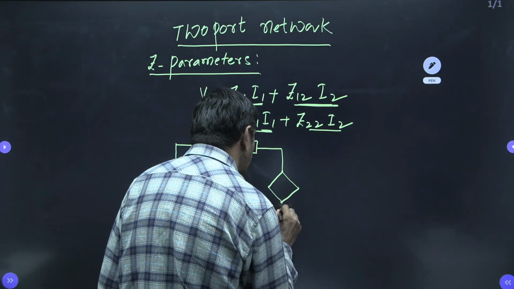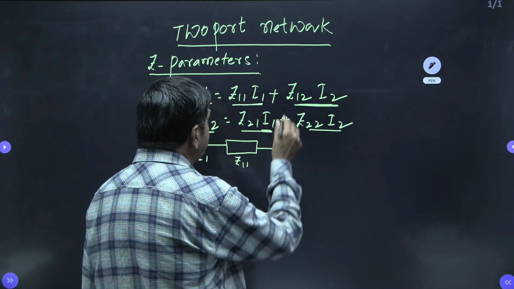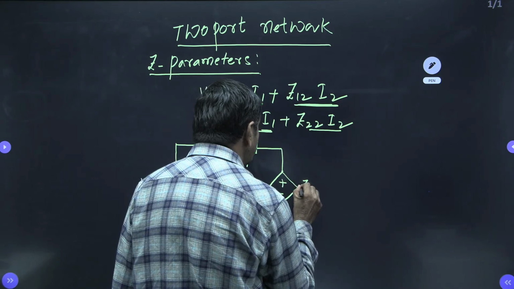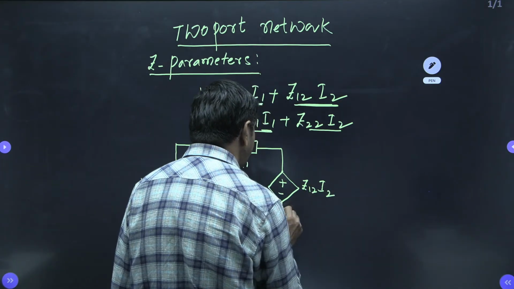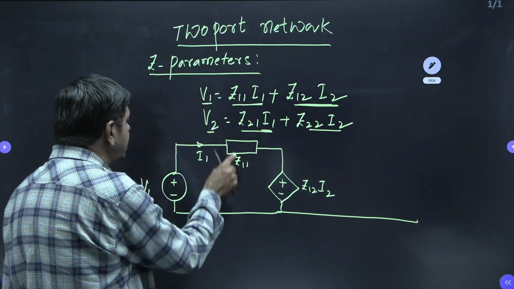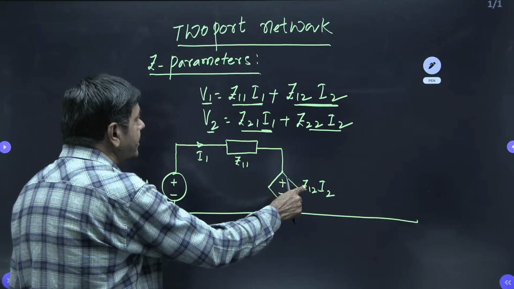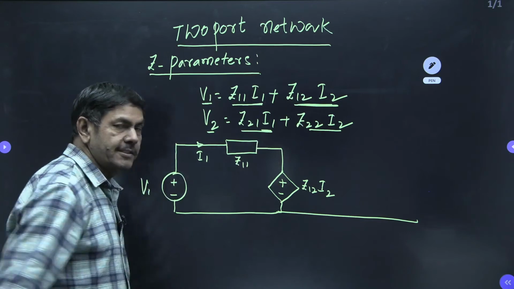It is a voltage source, plus minus. Its value must be taken as Z12 into I2. This is the input equation, that is V1 equal to Z11 into I1 plus Z12 into I2. When KVL is applied, we get the same equation.